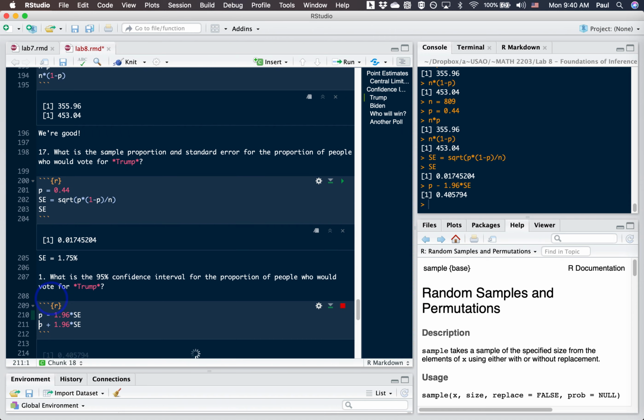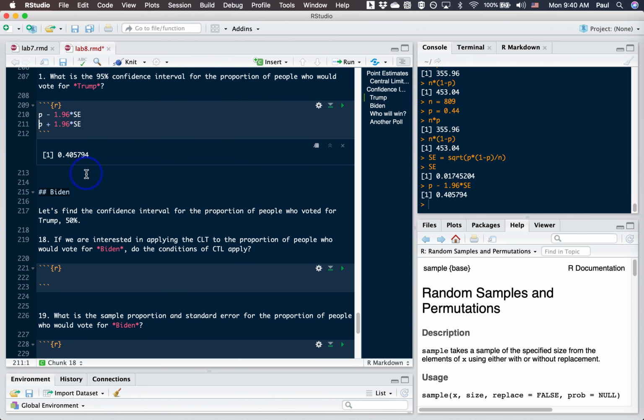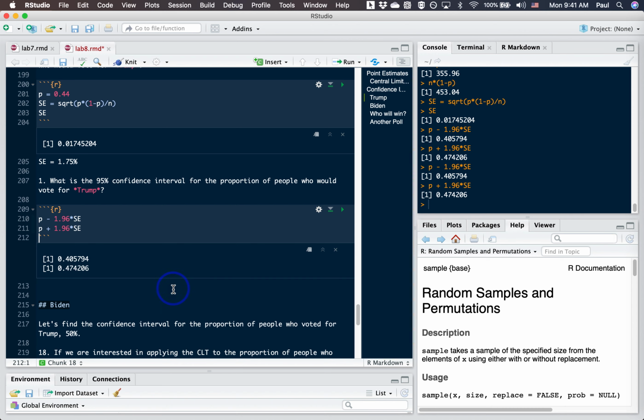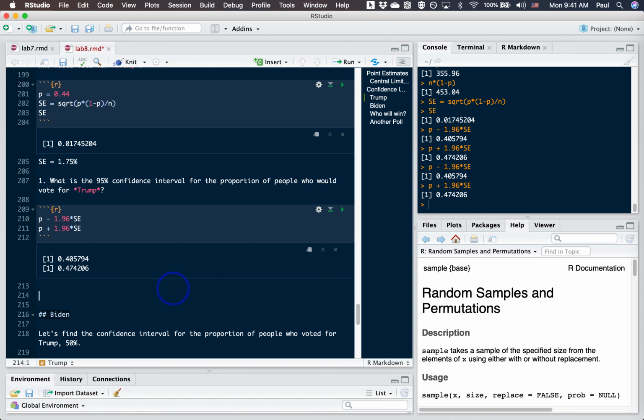So this tells us the minimum value and the maximum value in our 95% confidence interval. So to interpret this, we should say the 95% confidence interval, CI for short, is from 40.6% to 47.4%.